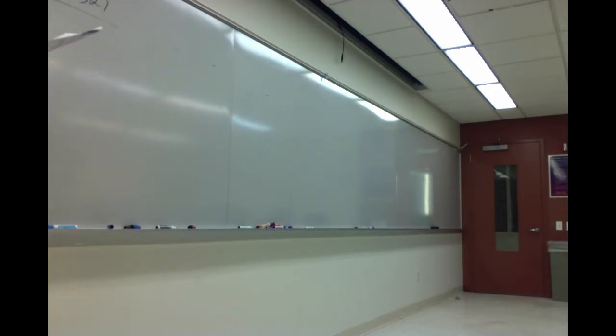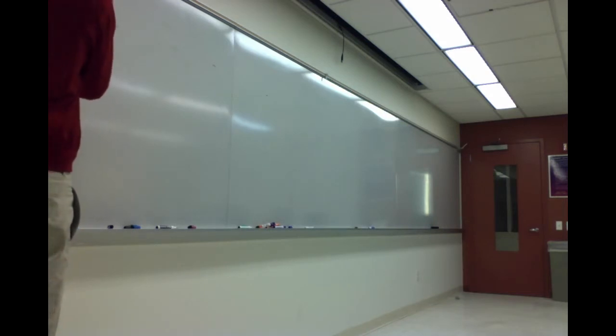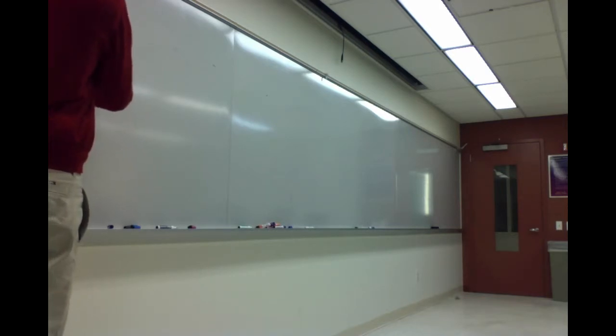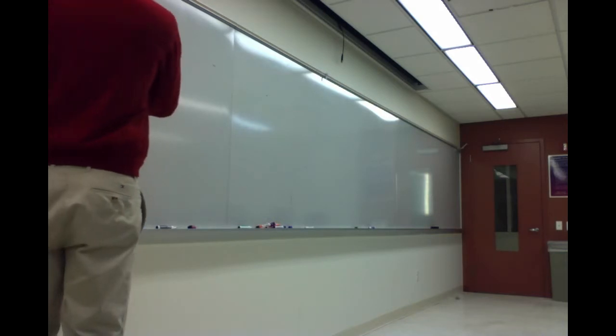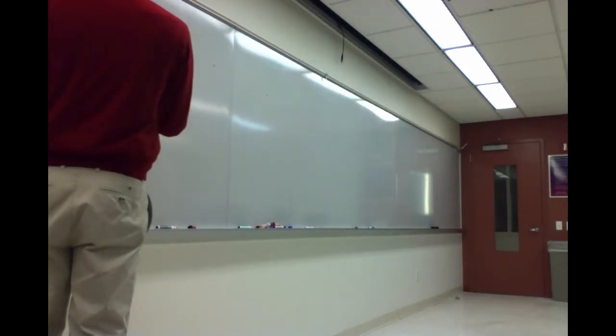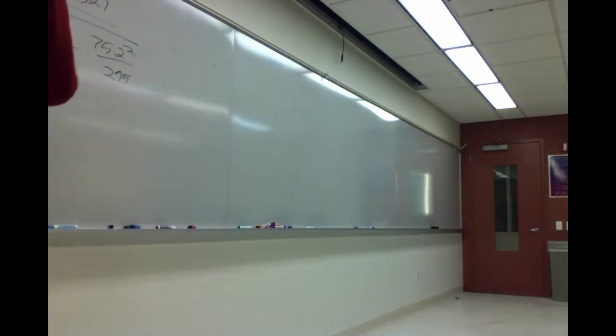All right, and it's a big complicated formula of, let's see, it's the standard deviation of population 1 squared divided by sample size 1 plus standard deviation of population 2 squared divided by sample size 2, square root that whole thing.